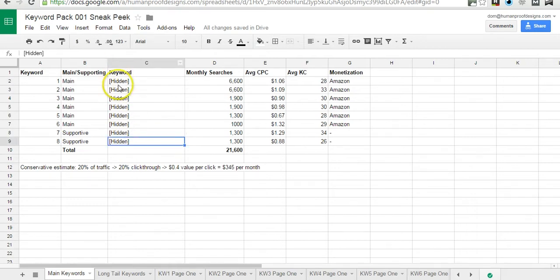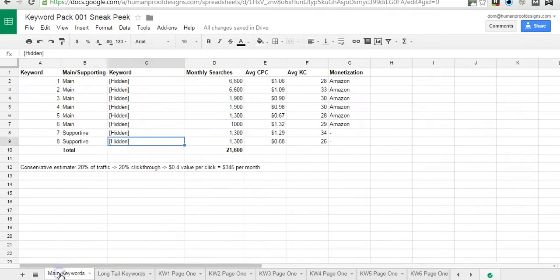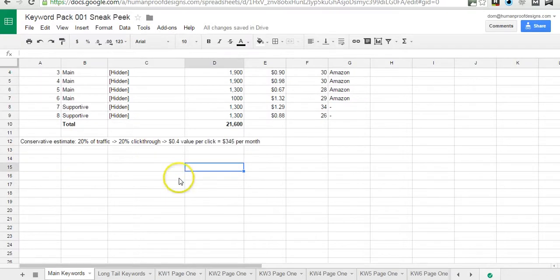Then if you're the person that buys it, you'll download a separate file. It's not a Google Drive, it's an actual Excel file, and that will have the actual keywords listed here. And then for here, they'll all be listed as well. So you're going to have close to 200 keywords to go with, and then you can build a site or have me build it for you, or whatever you want to do with that pack. It's yours and yours alone.